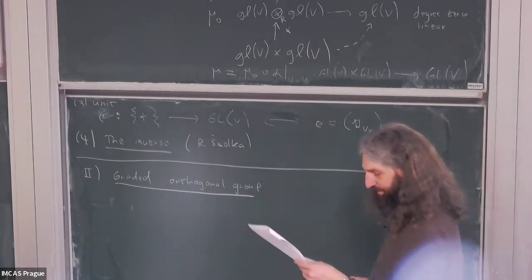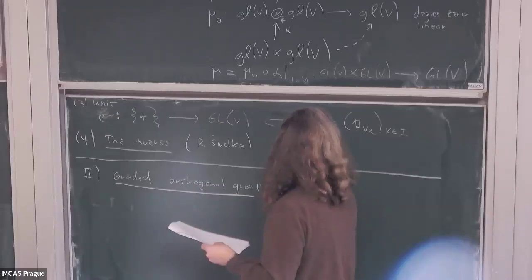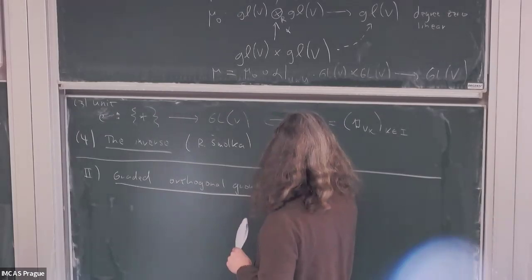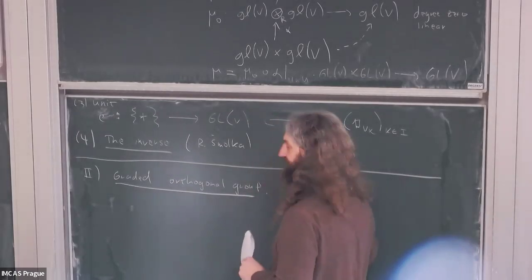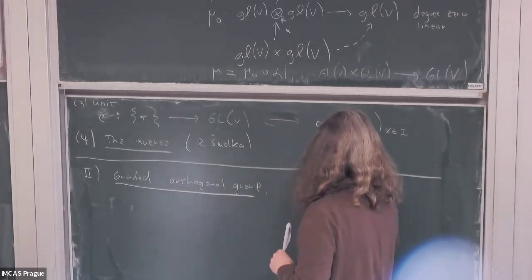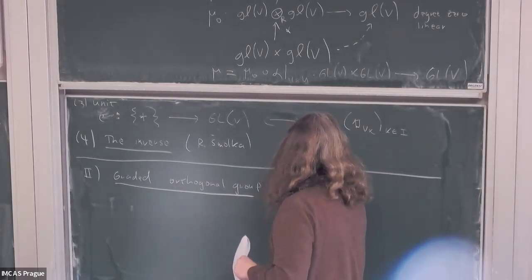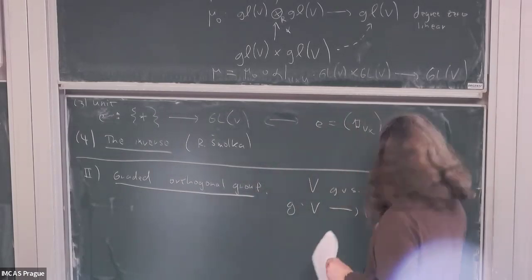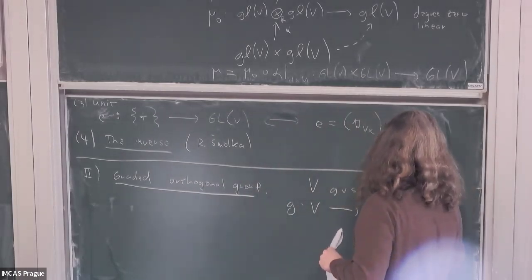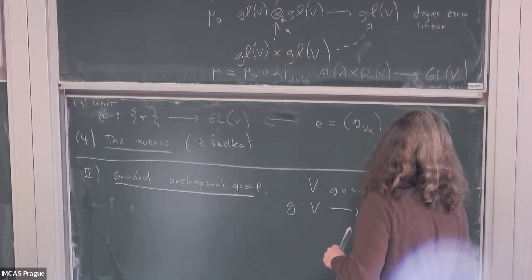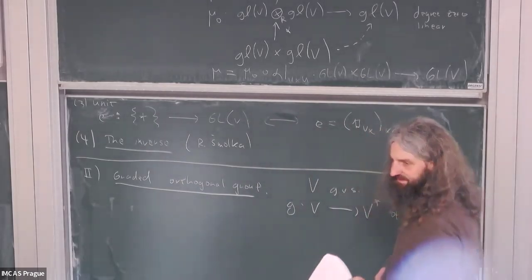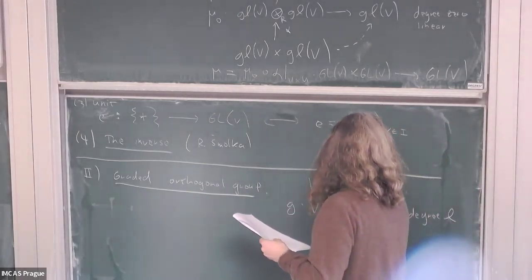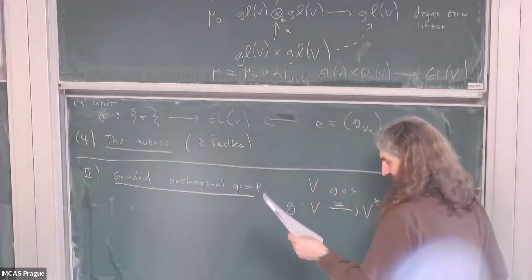So what is a graded orthogonal group? First you have to define what is a metric on a graded vector space. So you have again a graded vector space, and the metric is just an isomorphism from V to V star of degree L. So you fix the degree. Your metric can have non-zero degree, so it doesn't have to preserve the degrees. You assume it to be an isomorphism.